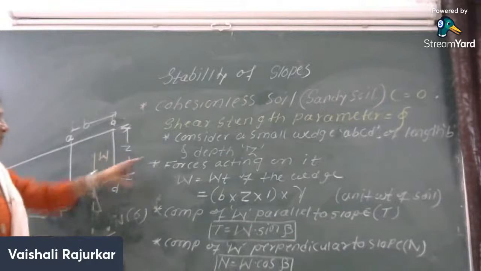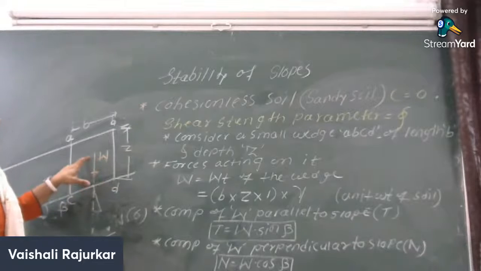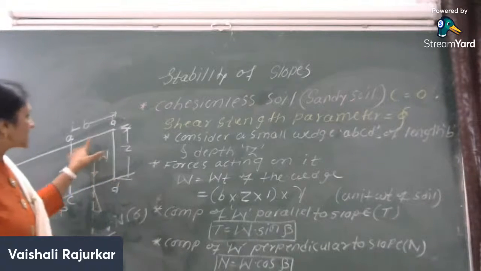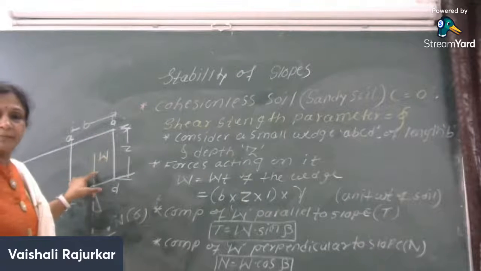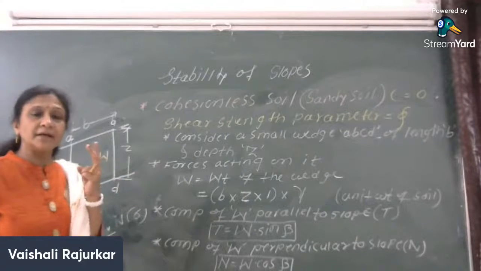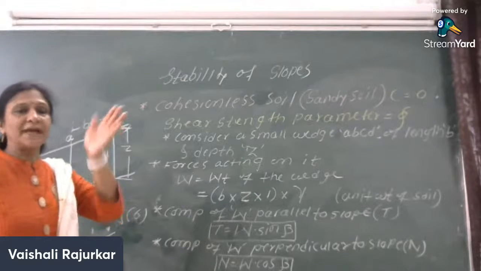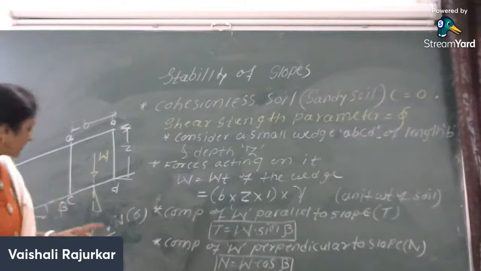So there are three components. First is the weight, which is the cell area multiplied by density. Then there are two components of the weight. One is parallel to the slope and another is perpendicular to the slope.